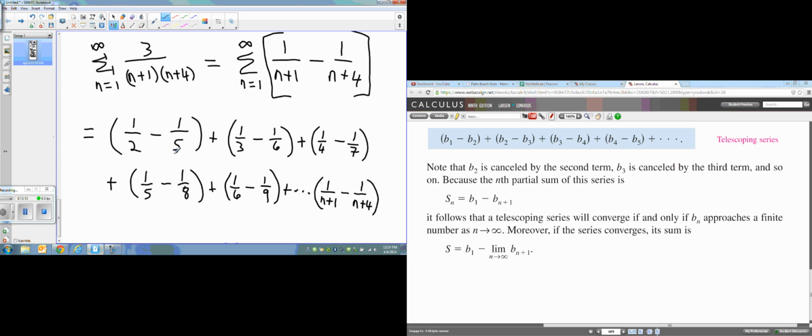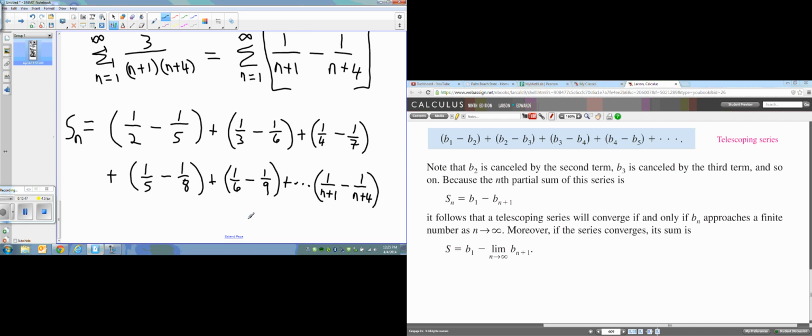Okay, let's see what we can do with this. If we just stop it here and don't let it continue forever, this would be the nth term in the sequence of partial sums. So here's the nth partial sum. I'm going to rearrange the nth partial sum a bit.